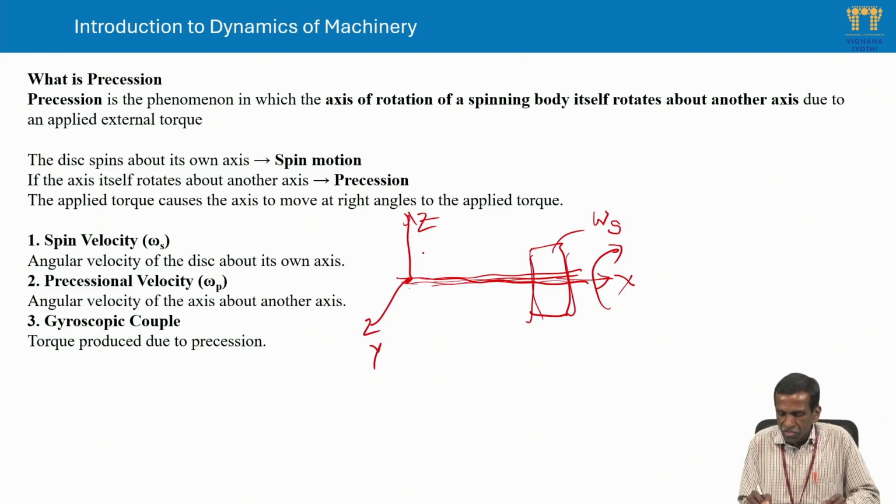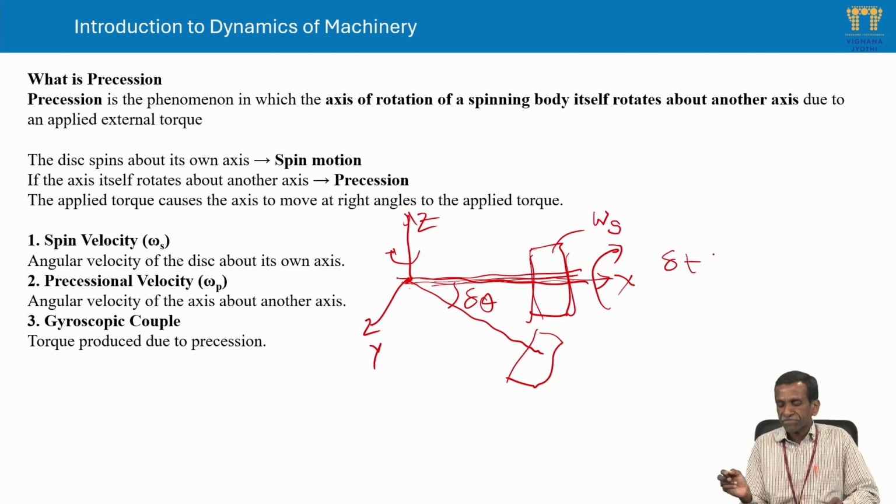Suppose I rotate this about the z-axis. Then what happens? If I view from the top and give a clockwise movement, the spinning body gets rotated by some angle delta theta in a time interval delta t.